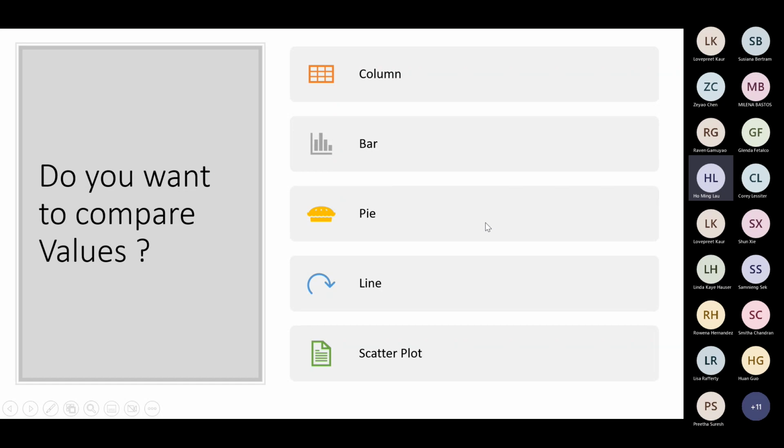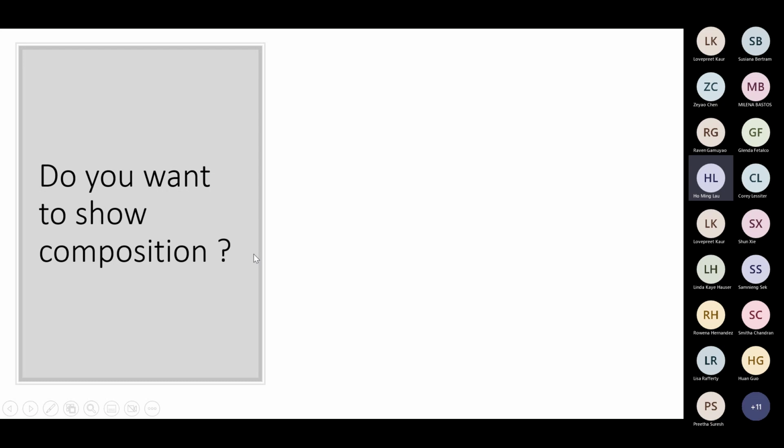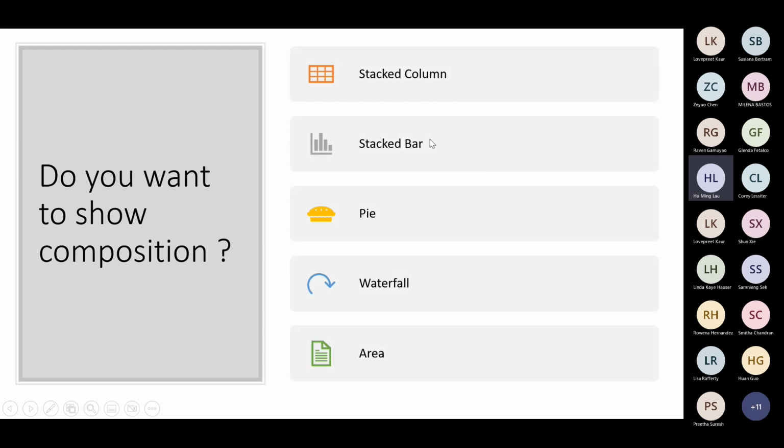So before choosing your chart, think of what you are trying to do. Are you comparing values? Then choose one of these charts. If you are trying to show composition, then choose one of these charts. Mostly stacked comes, and also pie. Only use a pie chart if you have 5 or fewer categories.